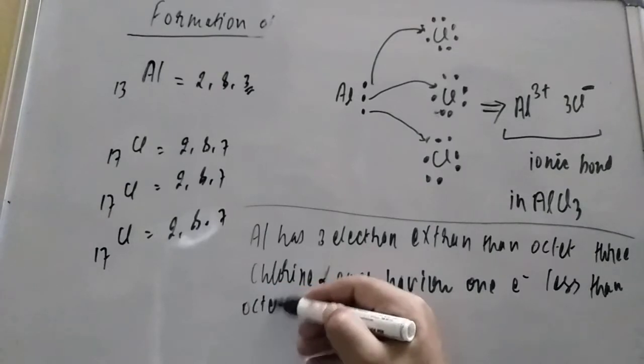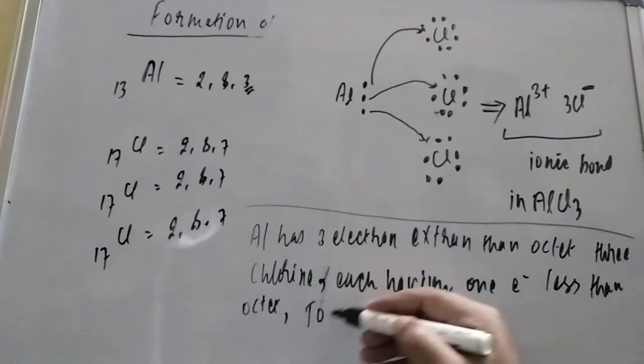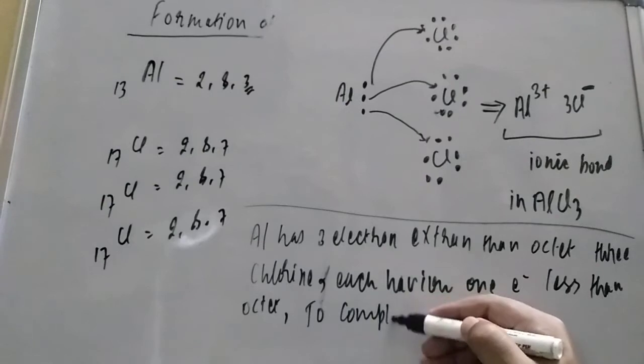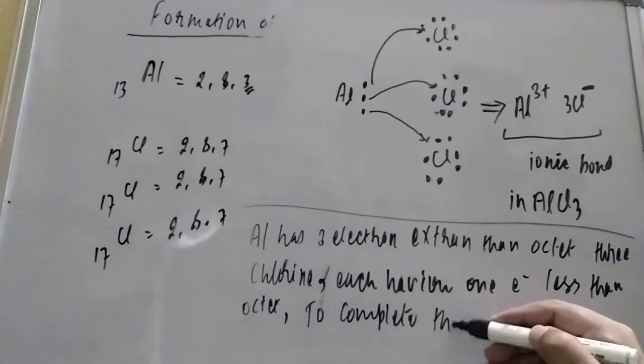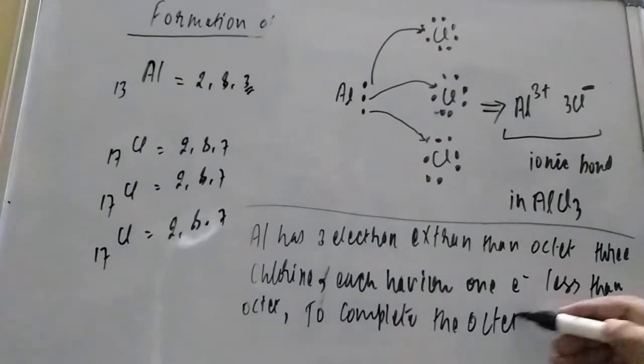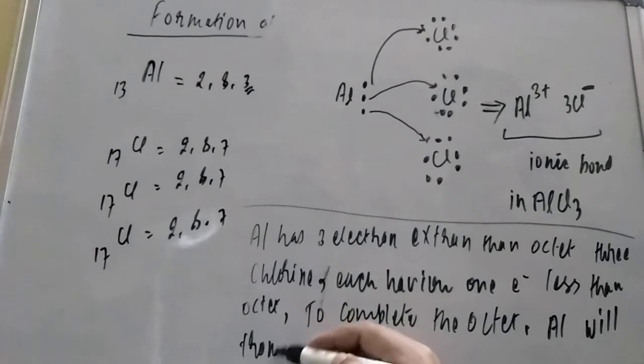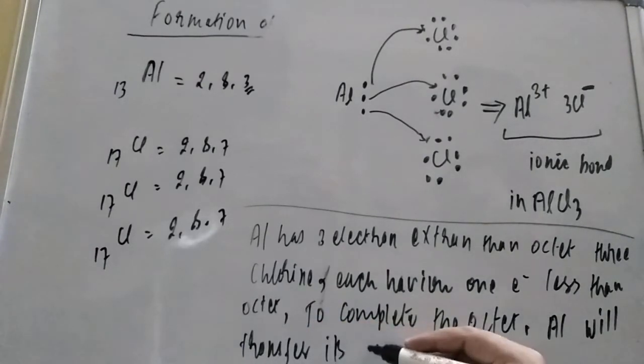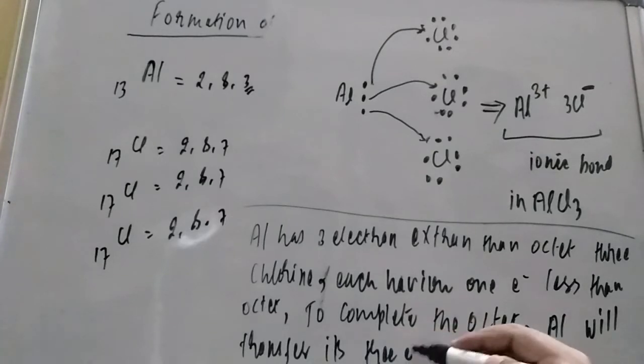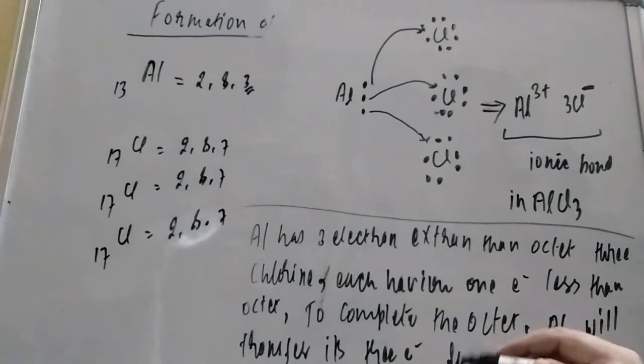So what are they doing, student, to complete the octet? Aluminum will transfer its 3 electrons to the chlorine atoms, 3 electrons to the chlorine atoms.